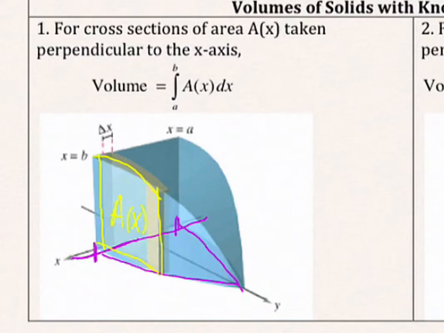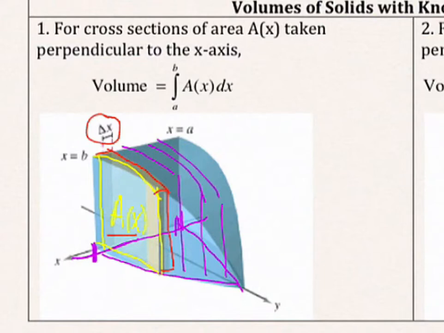So basically what we're doing is we're taking a width here, and when we have our area, we can multiply it by the width of delta x, and then we get a volume for that little slice. And by integrating this from a to b, we're actually getting all of the little slices that we can get all the way across this figure. Okay, so we're just slicing it up.